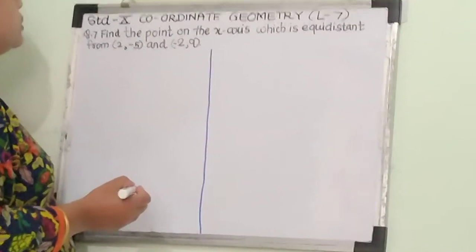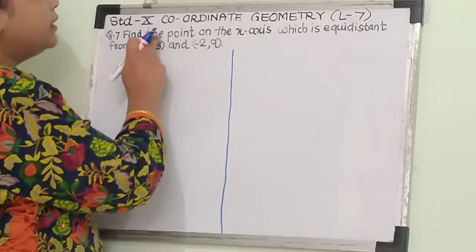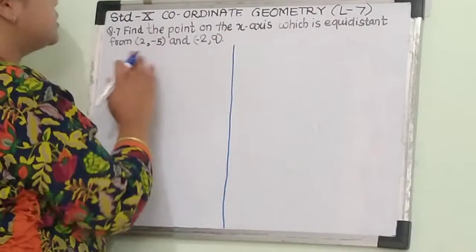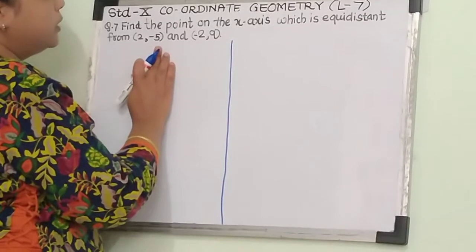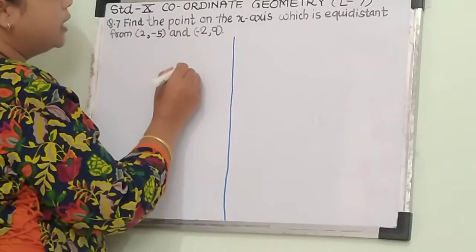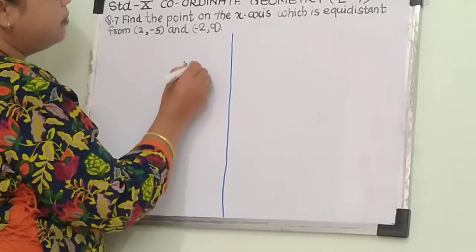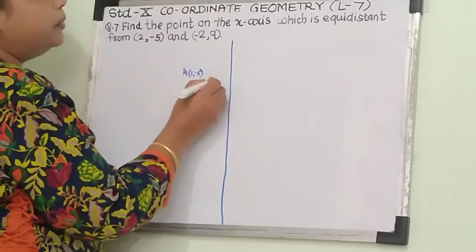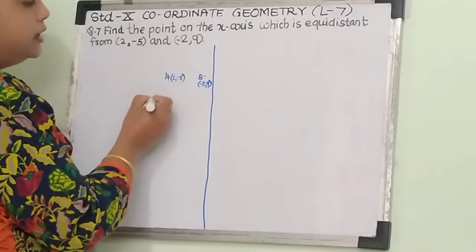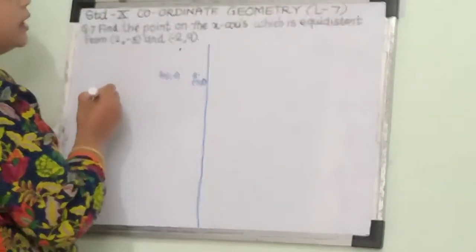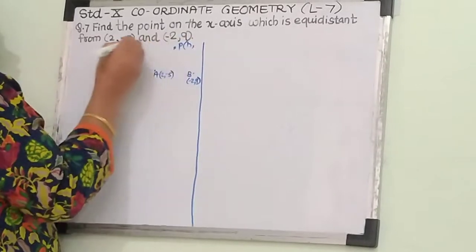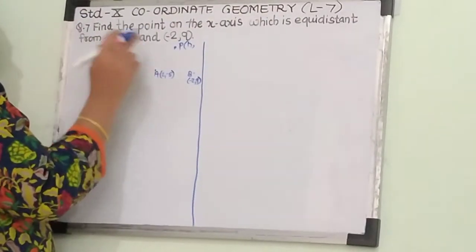Now see the next question, question number 7. Find the point on the x-axis which is equidistant from (2, -5) and (-2, 9). So suppose I take A as (2, -5) and B that is (-2, 9), then the point P is going to be assumed on the x-axis, so the y coordinate will be 0.